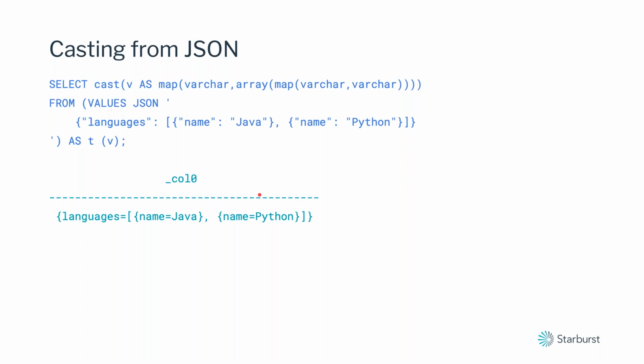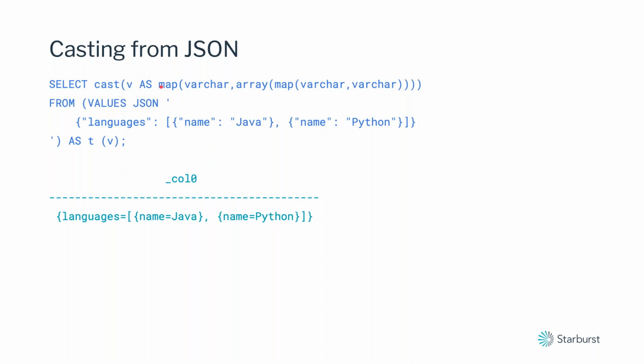So another thing you'll want to do is, when you have a JSON value, you'll often want to cast it to a more structured SQL data type so that you can use normal SQL functions to process it. We can see that we've got the same JSON that we had in the previous slide. We've got a map with one key, and inside of it is an array, and inside of those are maps. The key is always a varchar, because JSON keys are always strings, and the value is always a varchar.